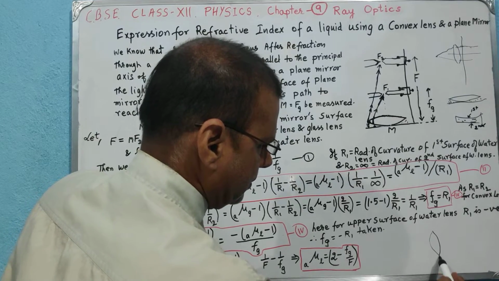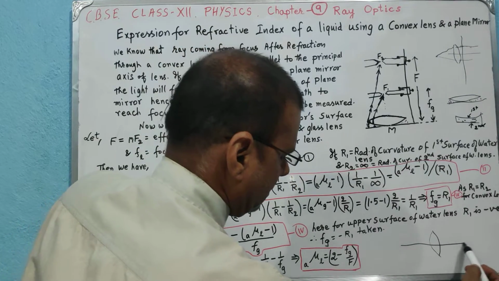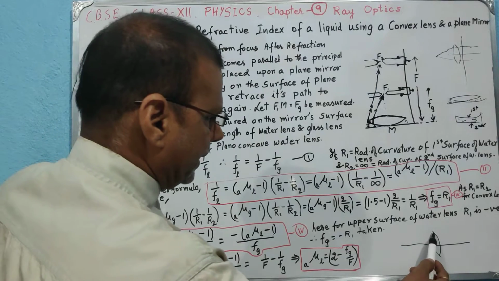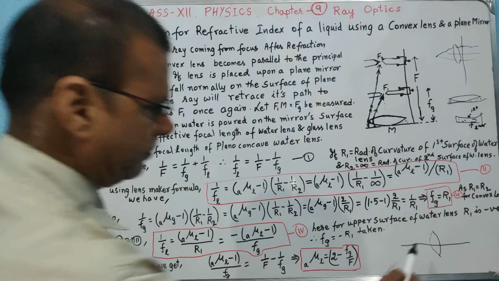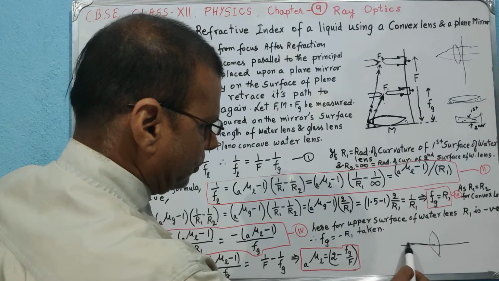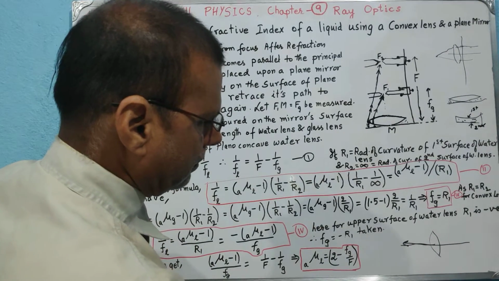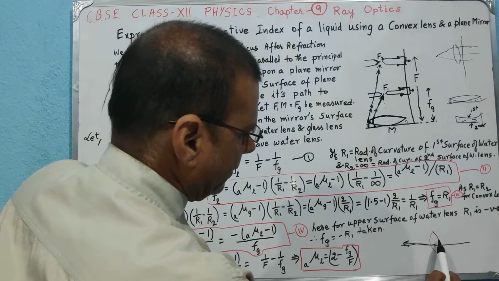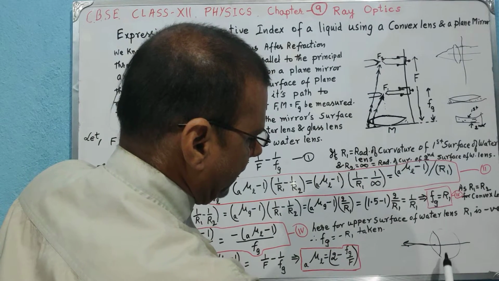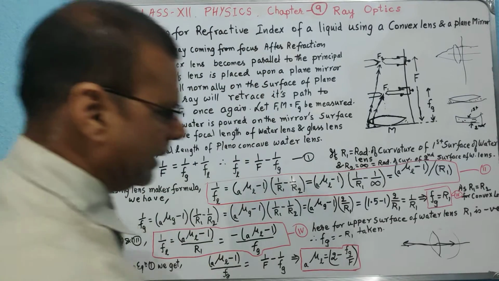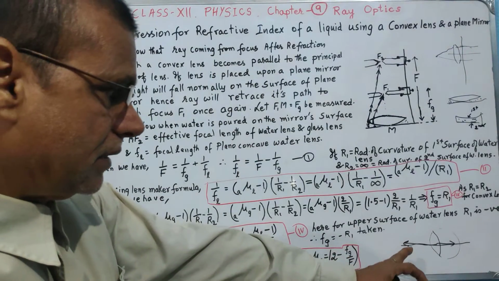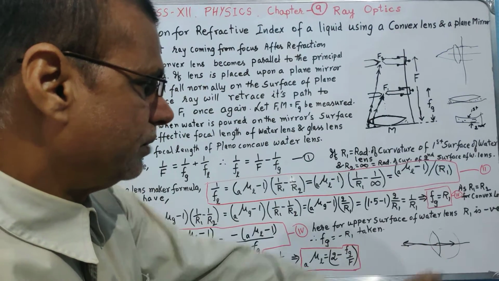Well, if you take one radius of curvature as positive, because for that you need to measure in this particular direction, then the radius of curvature of the other surface must be negative, because you are measuring it while moving against the previous direction of movement.